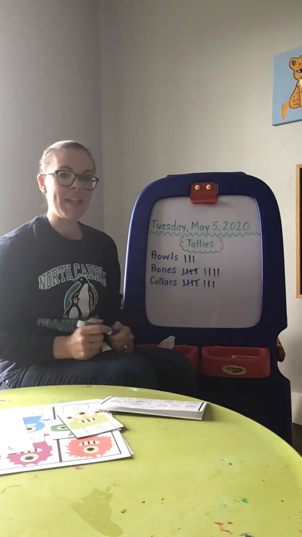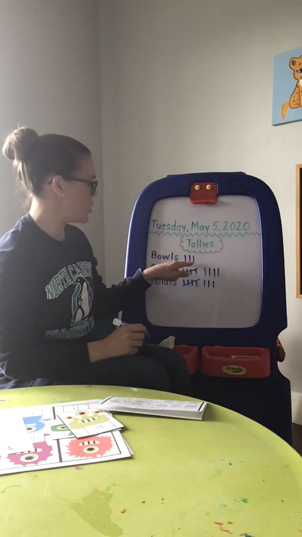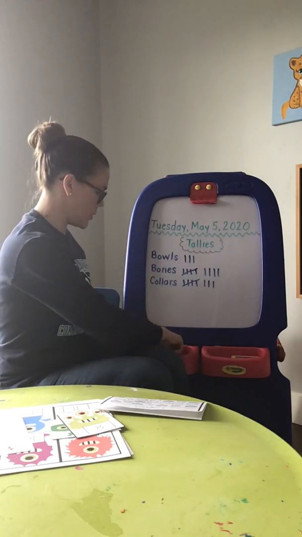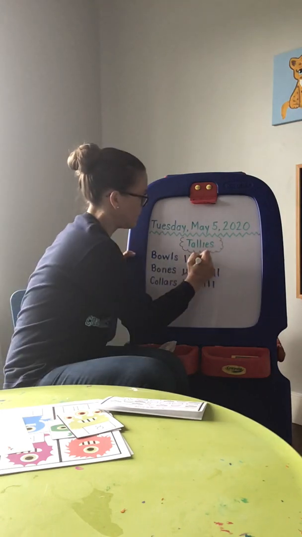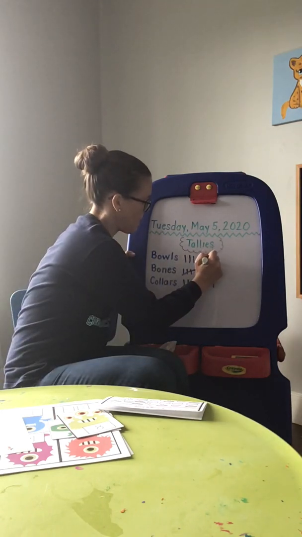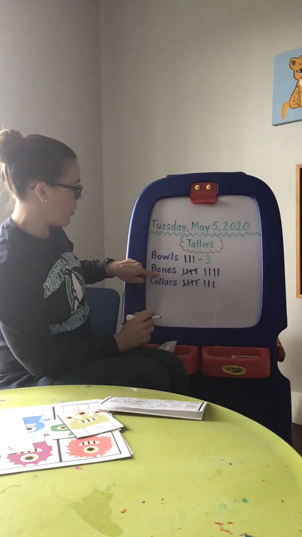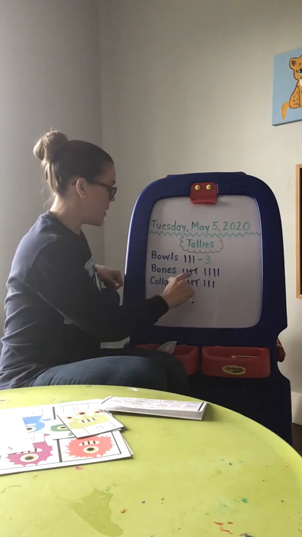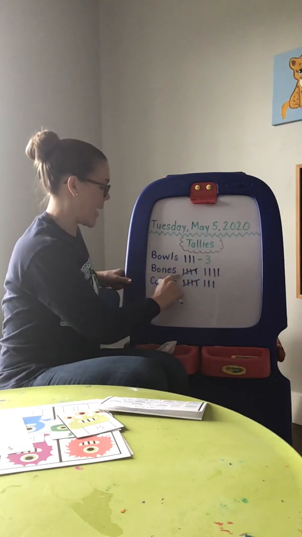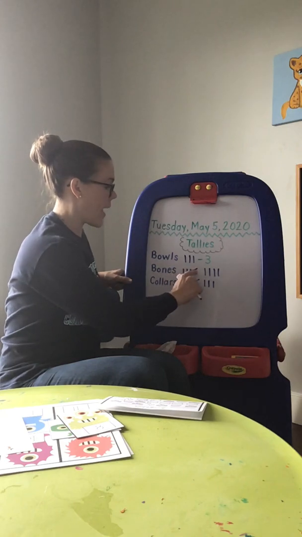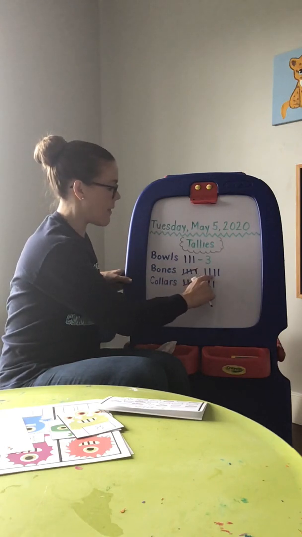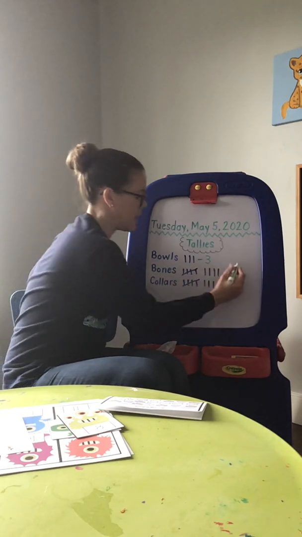So if I look at my tally marks, I have 1, 2, 3 for bowls. Now I have to count my bones. Remember, this is a group of 5. So when I count this, I go 5, 6, 7, 8, 9.